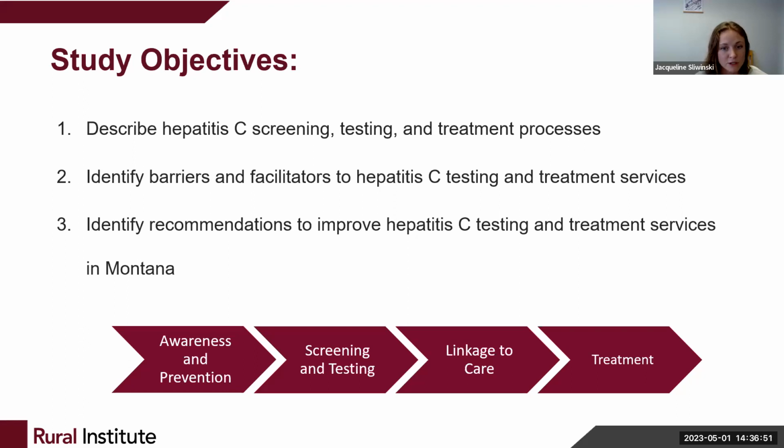And we also wanted to identify and understand the barriers and facilitators in the Montana hepatitis C care continuum. And we wanted to do that in a way that captured the perspective of those serving in different roles along the care continuum. And then lastly, drawing from our research findings, we aim to pinpoint opportunities for enhancing hepatitis C testing and treatment protocols and come up with actionable steps that could be recommended to the Montana State Health Department Viral Hepatitis Prevention Program.